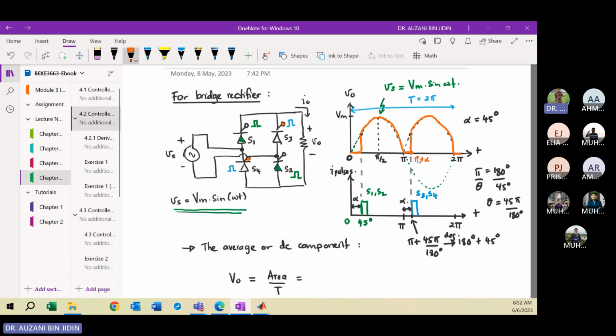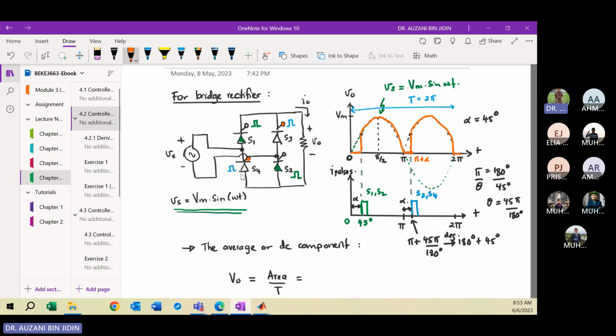So to turn on S3 and S4, this happens in the second half cycle. You have the first half cycle from 0 to pi and the second half cycle from pi to 2 pi. So for S3 and S4, you must inject the current pulse in the second half cycle of the source voltage.